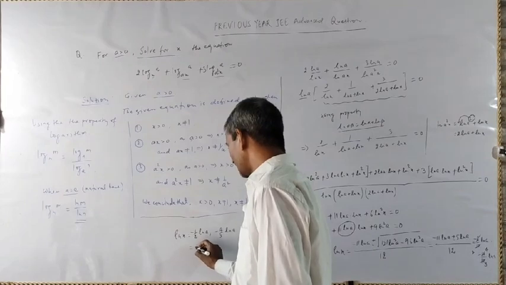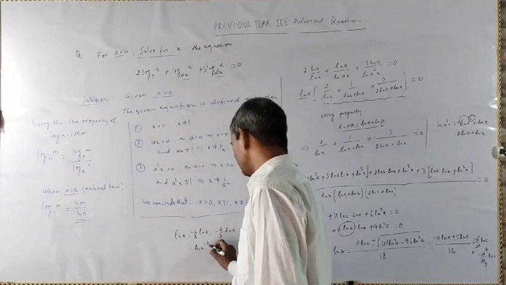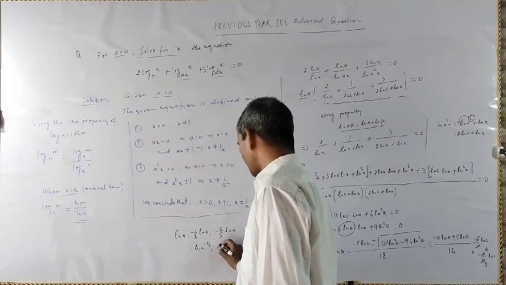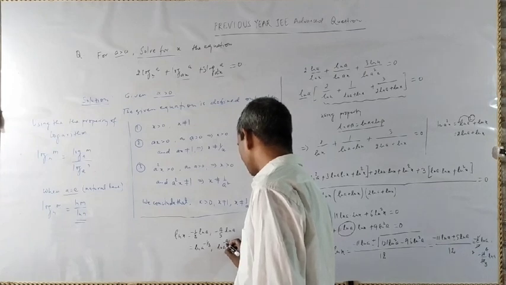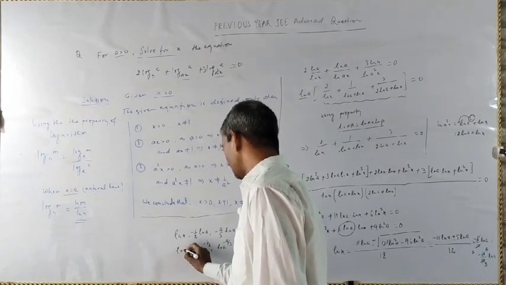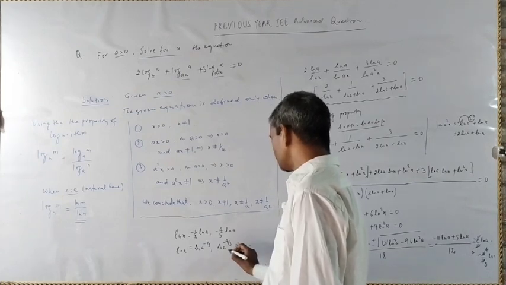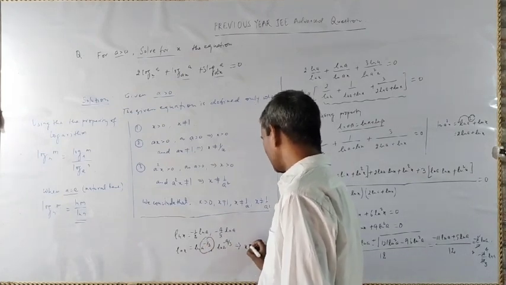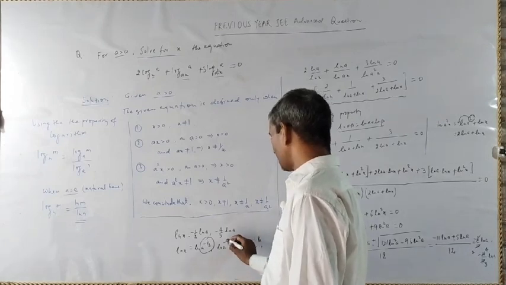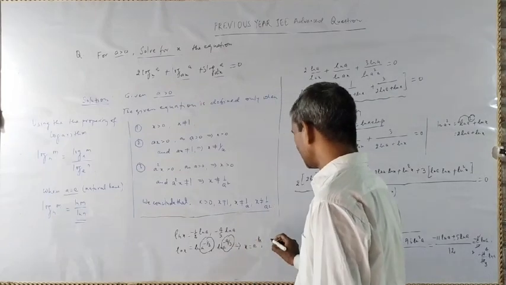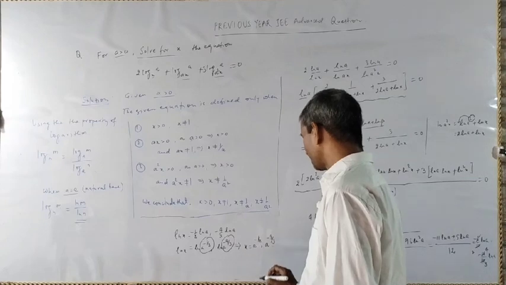This can be written as ln a to the power minus 1/2 and ln a to the power minus 4/3, or here is ln x, which implies x is equal to this quantity, that is a to the power minus 1/2, comma, and this quantity, that is a to the power minus 4/3.